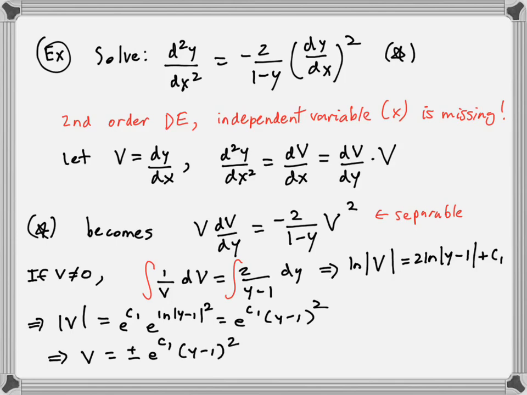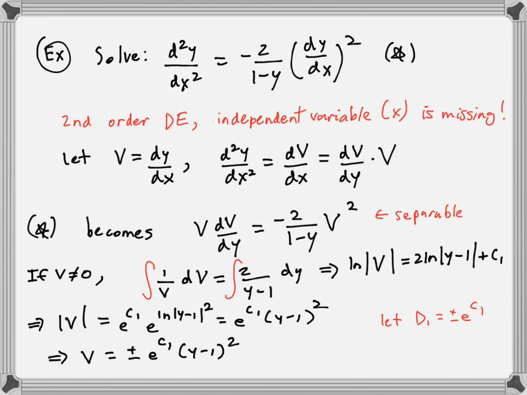But what I want to do is I just want to redefine a new constant here, okay? Why don't we give it a new name here? How about we call it d1, okay? So let's let d1 be plus or minus e to the c1. Which, by the way, you notice that can never be 0, right?